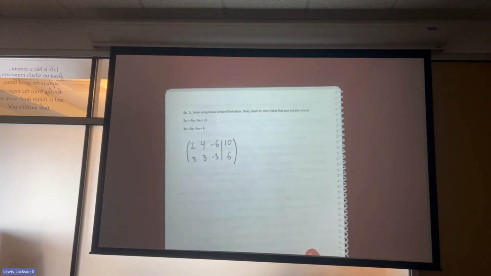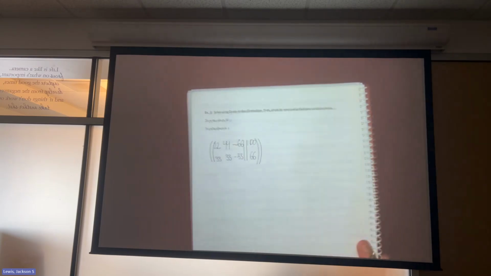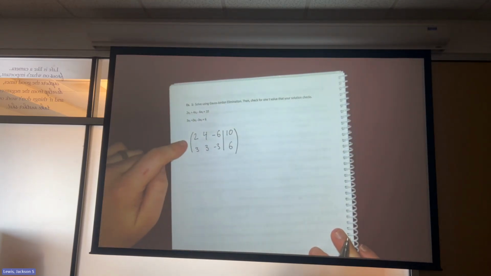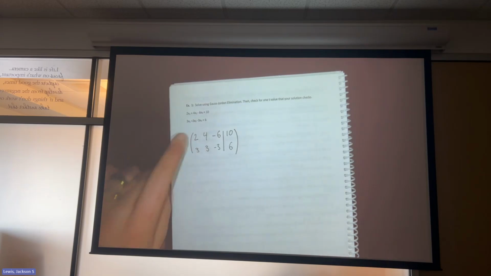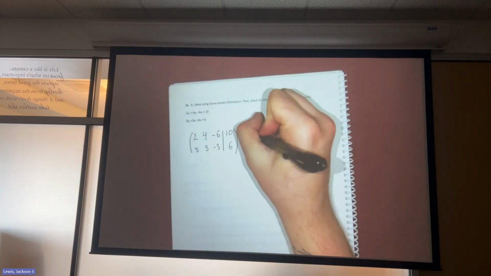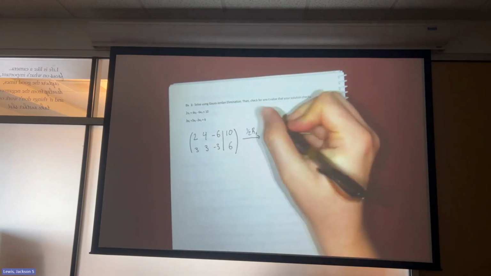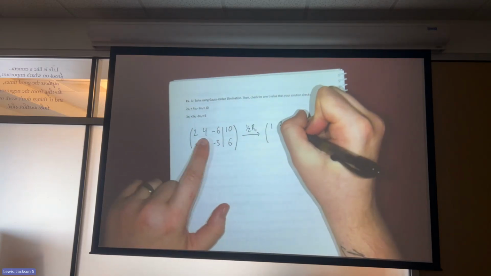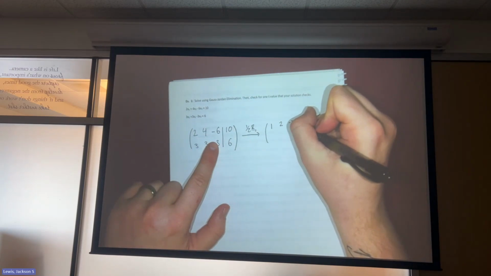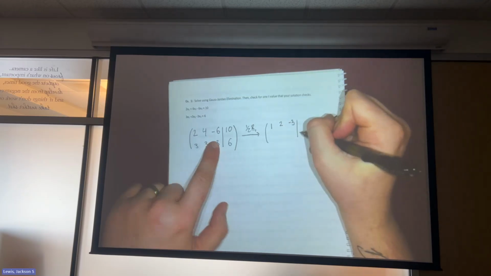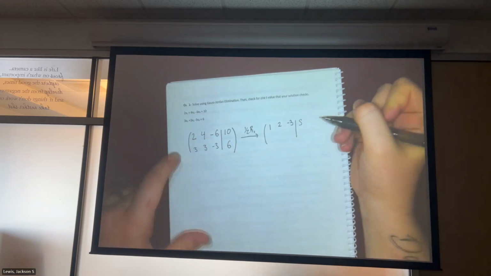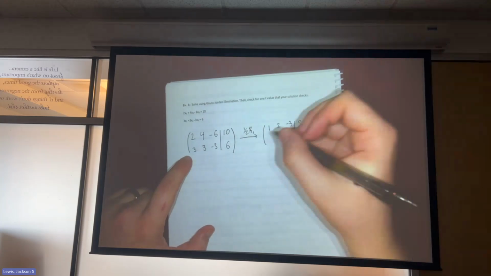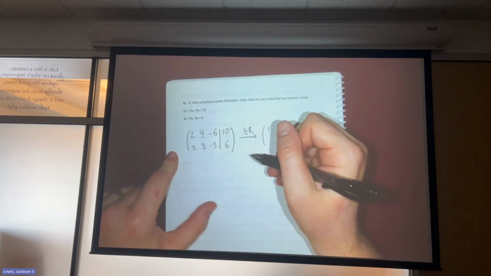One thing that's going to make this a lot easier is I can divide this top line by 2 to get just a 1 here. So 1/2 R1. It's going to be 1, 4 divided by 2 is 2, negative 6 divided by 2 is negative 3, and 10 divided by 2 is 5. And I can leave the bottom as it is, or I could multiply it by 1/3.